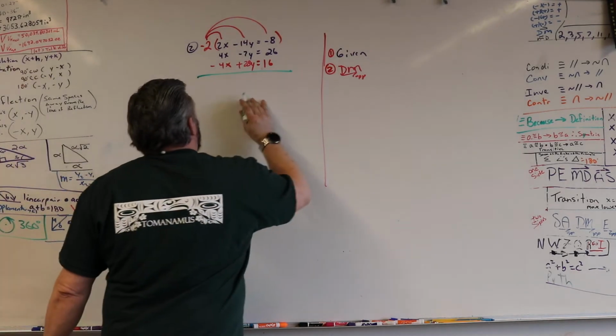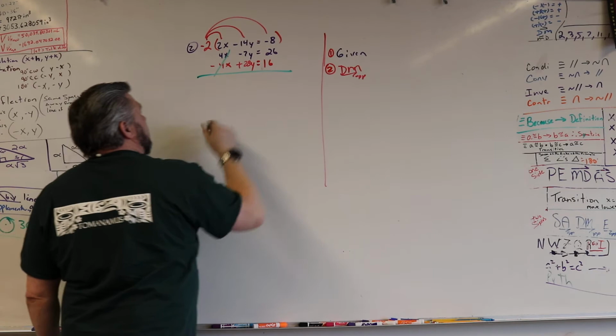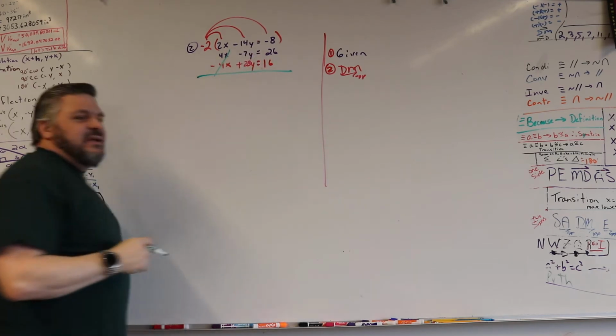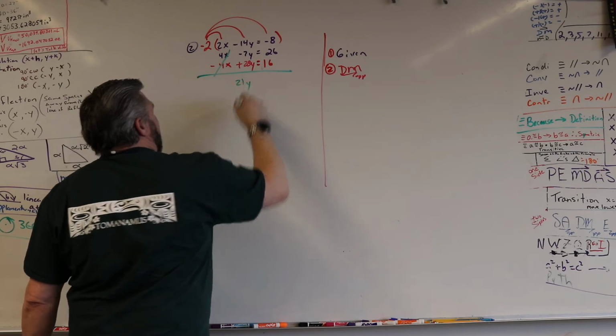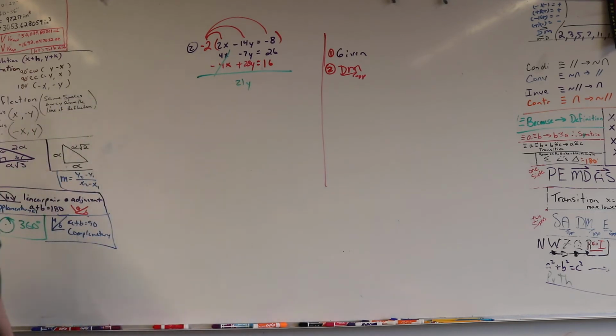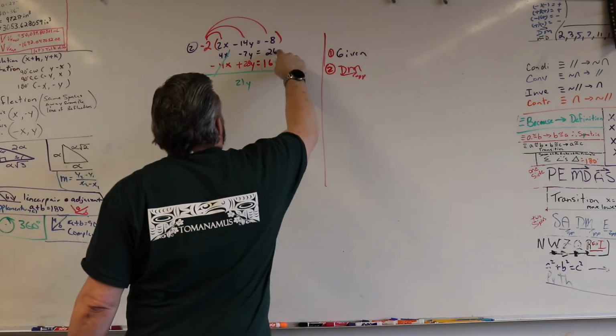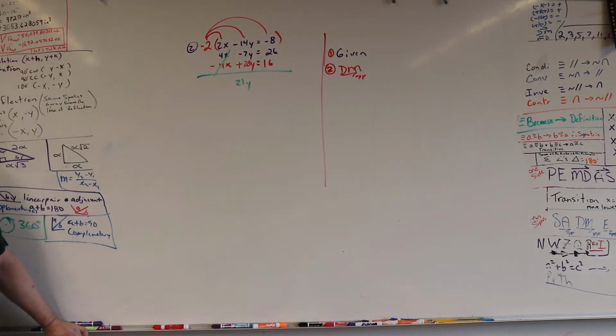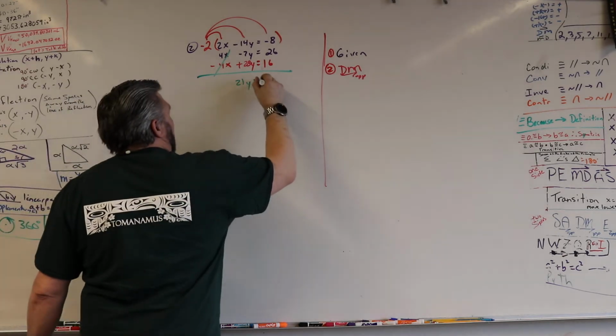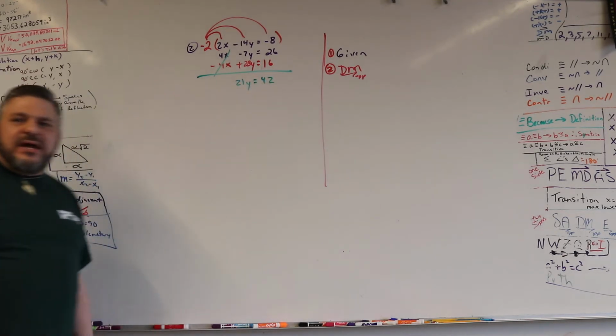So, these cancel. What's negative 7 and 28? Brings it down to 21, right? What is 26 and 16? So that'd be 32 plus 10 would be 42. Correct?